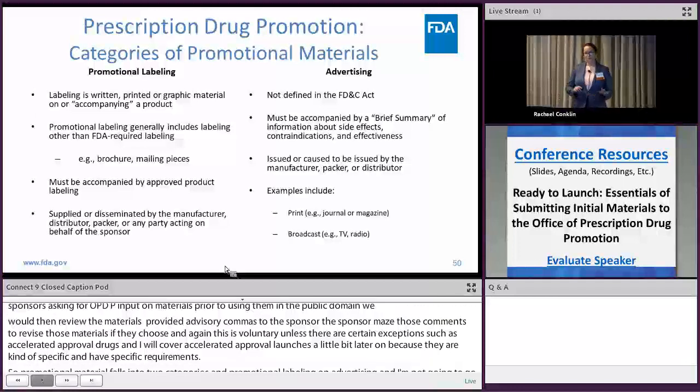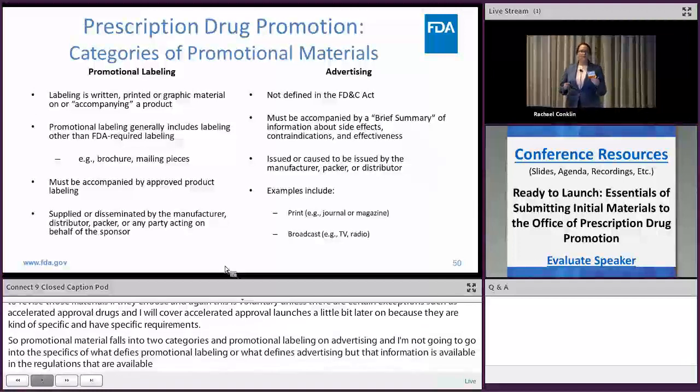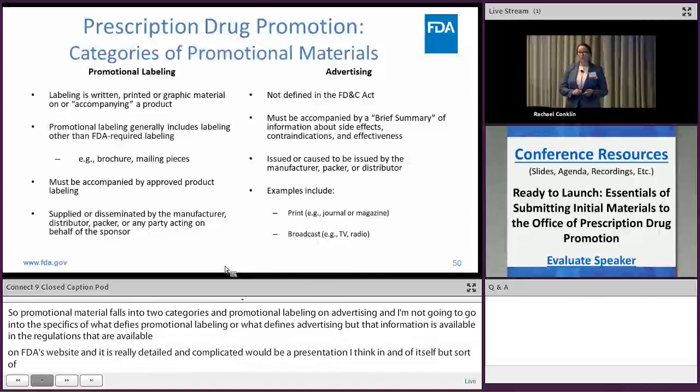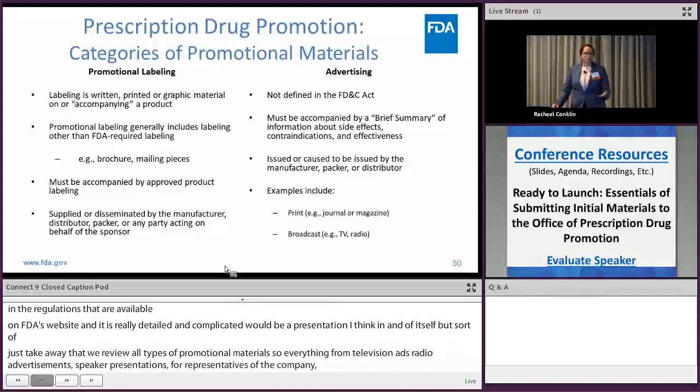But just take away that we review all types of promotional materials. So everything from television ads, radio advertisements, speaker presentations for representatives of the company, brochures, journal ads, everything is going to come into FDA in one form or another, and we would be able to look at it. And you can submit any of those things for advisory comments.